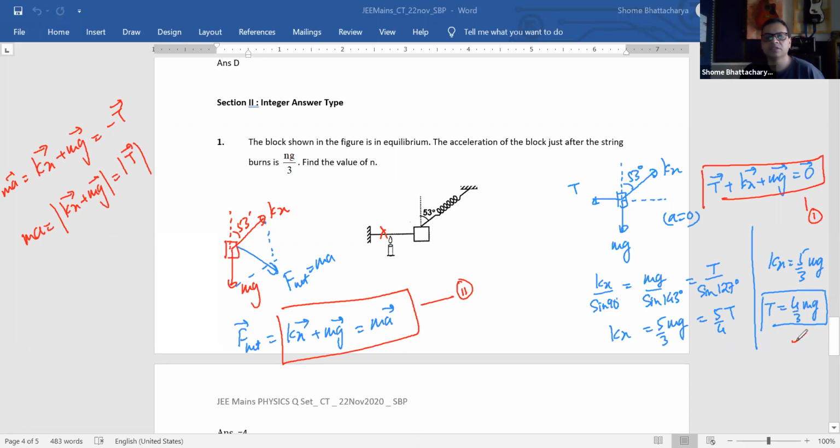So the magnitude of this tension here you found out it is this much. So ma is equal to 4 by 3 mg. So the magnitude of the acceleration is 4 by 3g. So that way you don't have to again do the vector sum of these two. Otherwise you have to do the vector sum and calculate the acceleration. That also you can do, but it will just take you more time. So here n's value should be equal to 4.